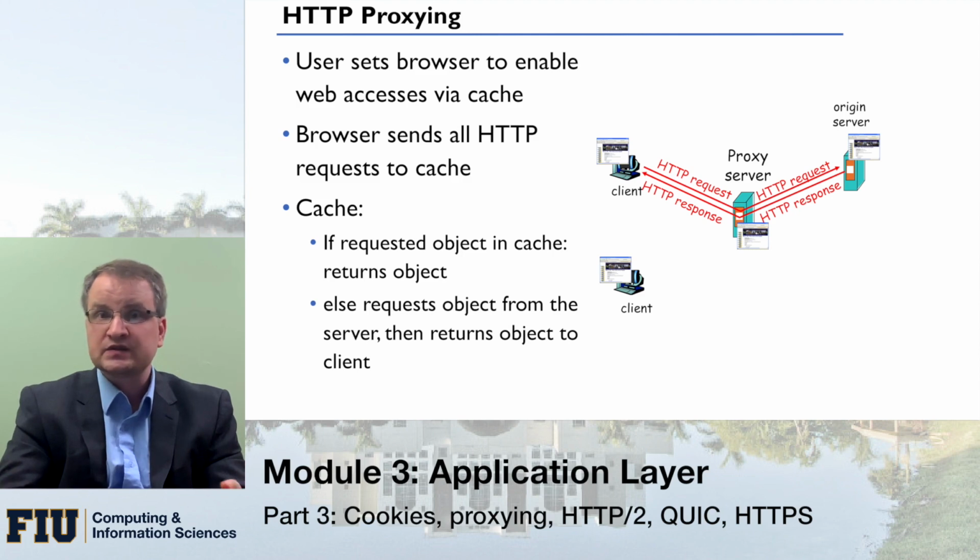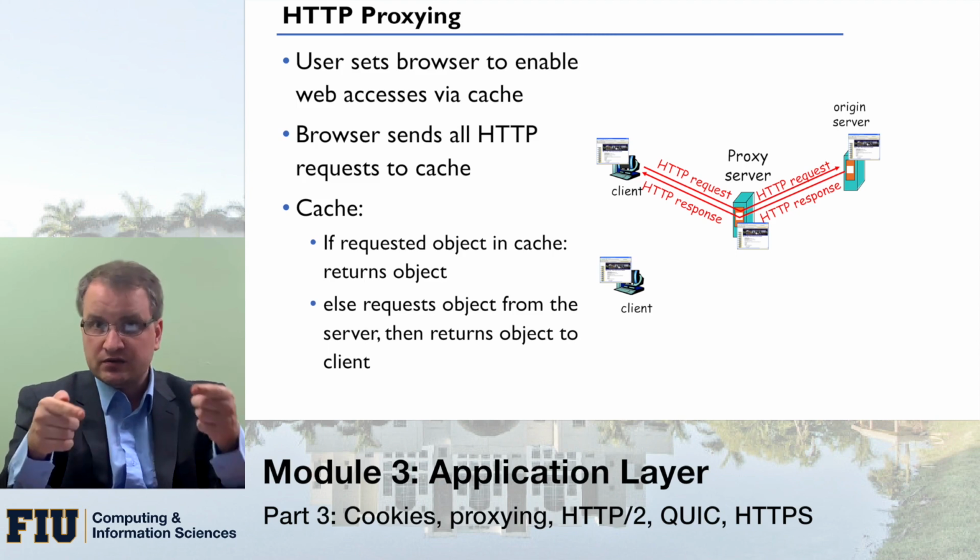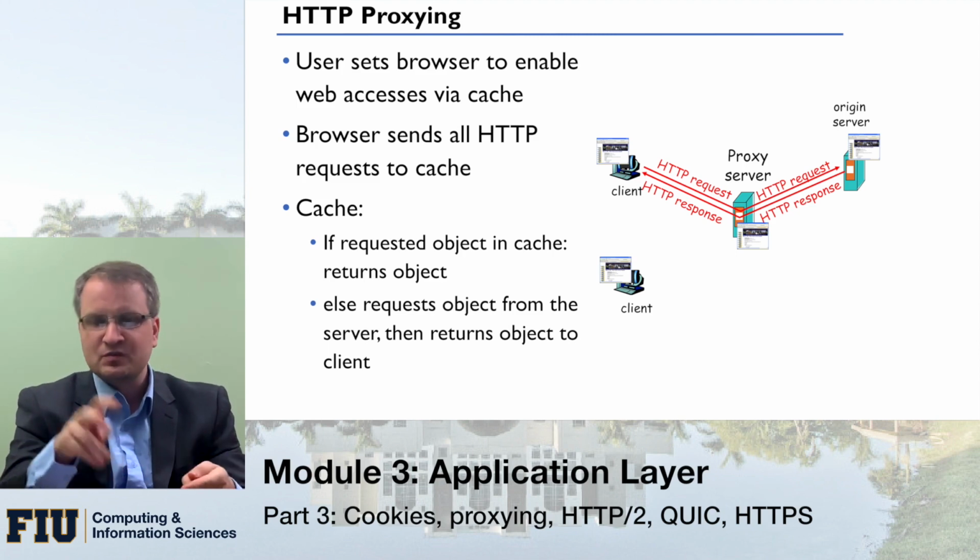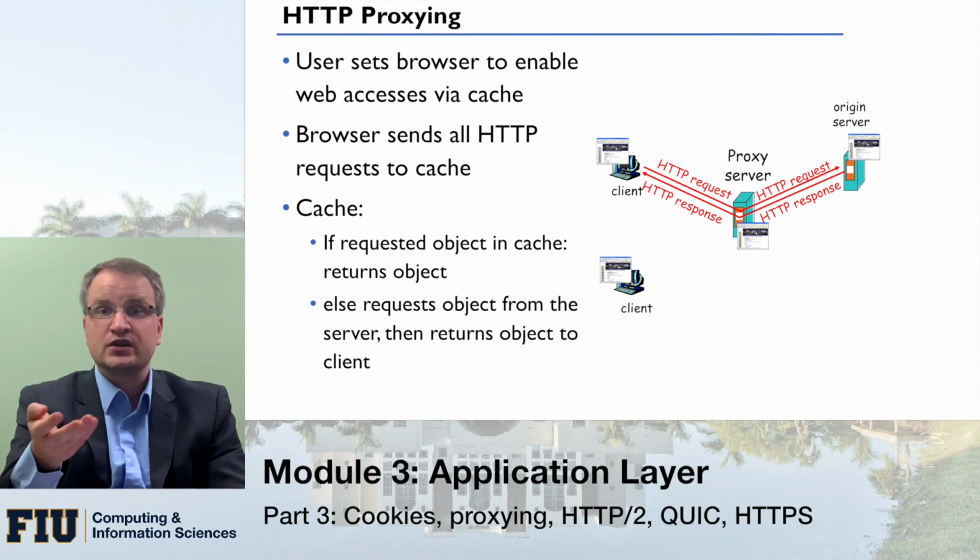What will happen is I'm sending requests to the proxy server, and I'm just connecting to the proxy server because that's what I know how to communicate with. As part of my request, I specify the URL. It's in different parts, but effectively the whole URL is inside the HTTP request.